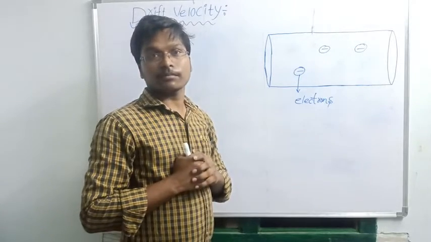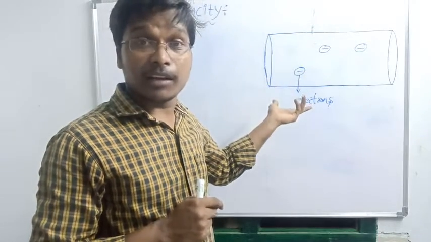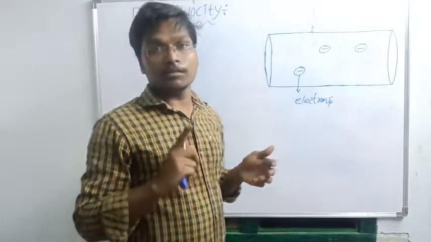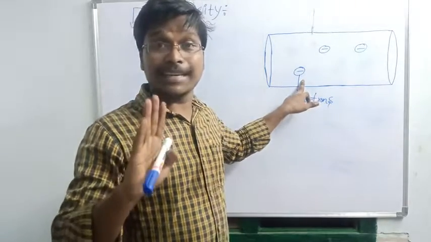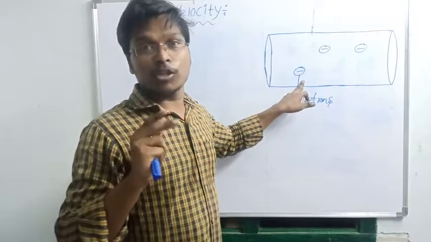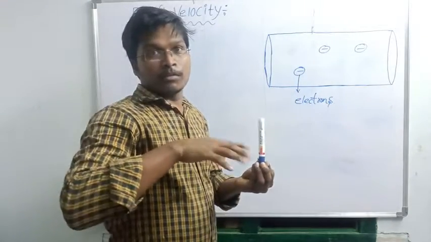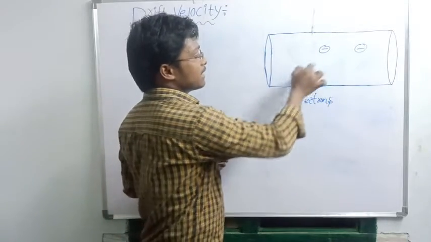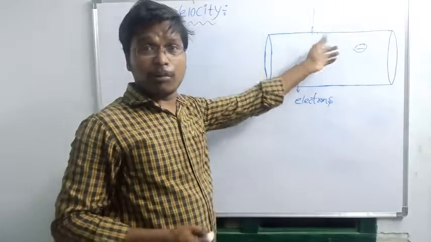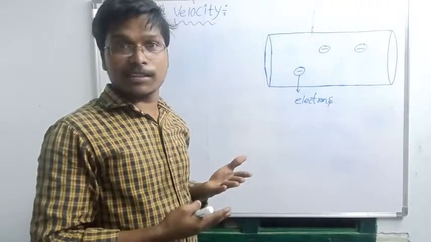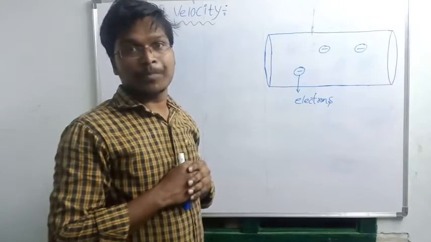And these electrons have random motion. Random motion means it will move in any direction. This electron will move in this direction, and this direction, and this direction. Random motion is nothing but electrons moving in any direction.